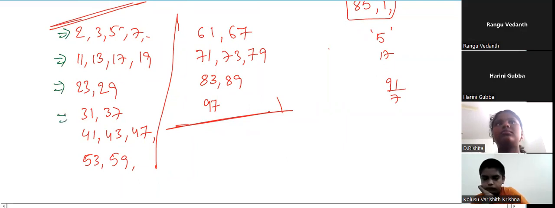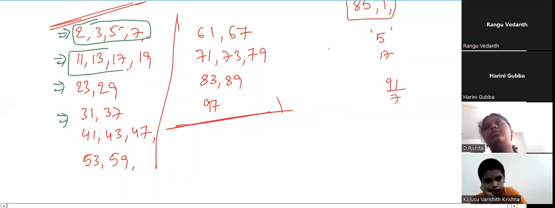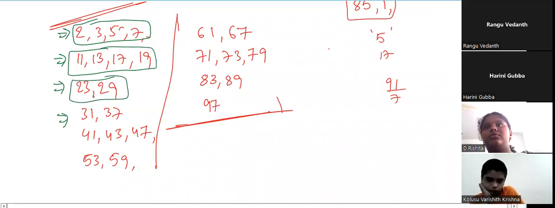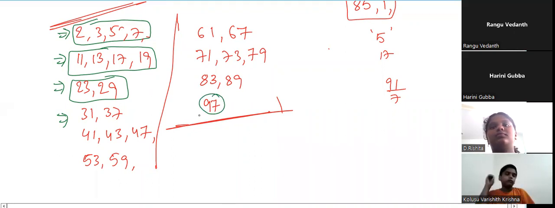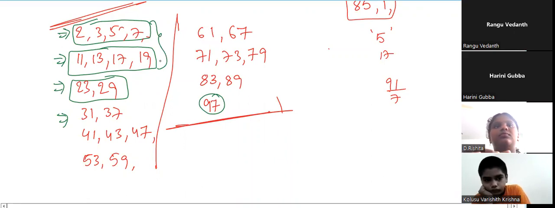This group is from 1 to 10 and this group is 11 to 20. This group is 21 to 30. In this way, the group consisting of only one prime number is 90 to 100. The groups consisting of the highest number of prime numbers are the first two groups.